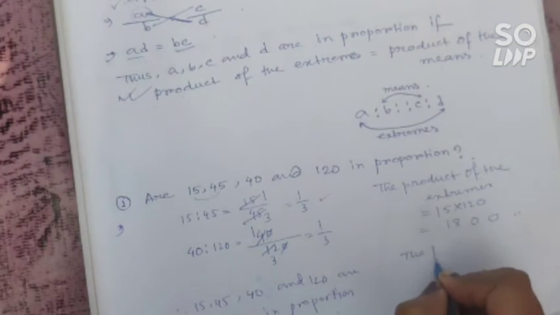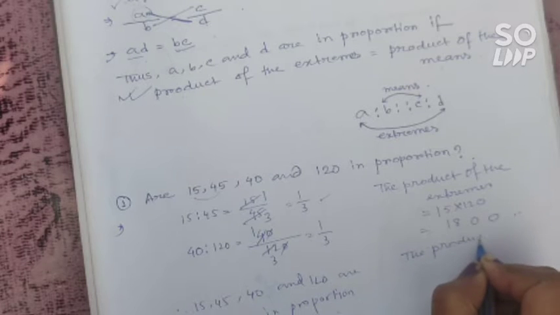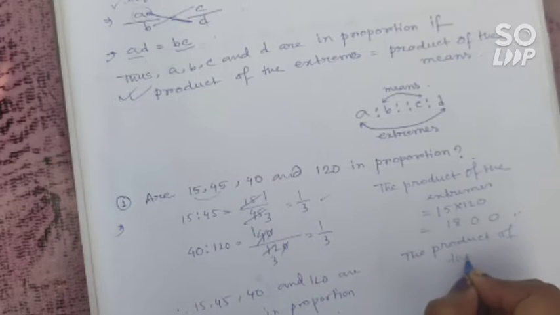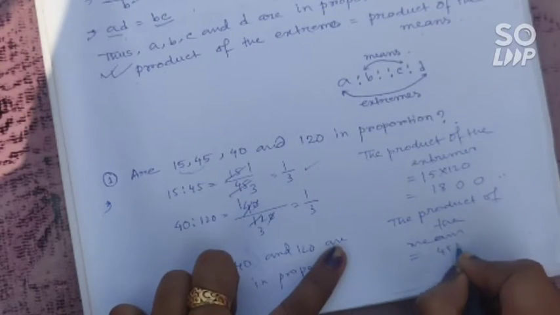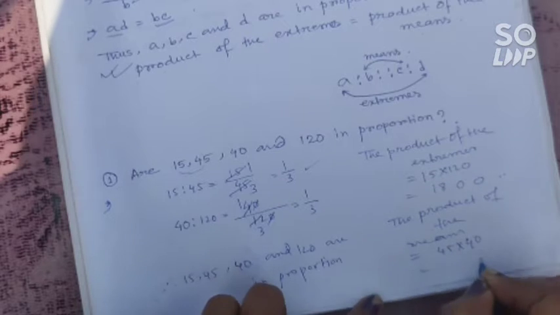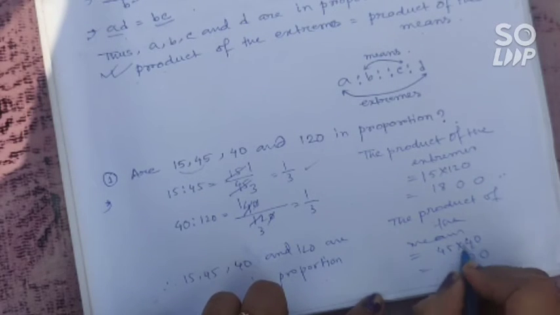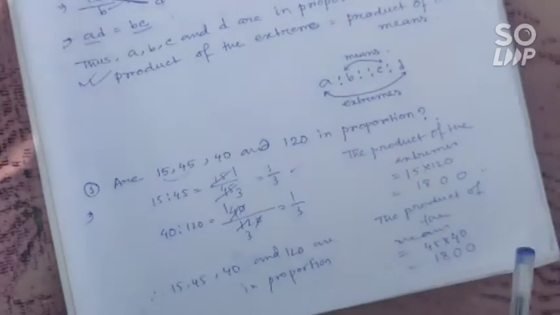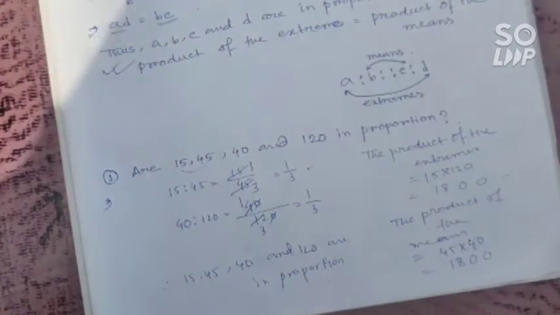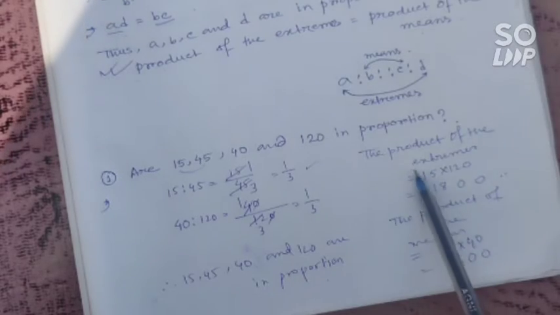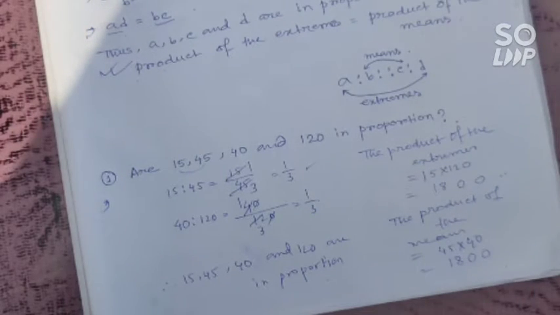Next, the product of the middle terms, or the product of the means. What are the means? 45 and 40. 4 5s are 20, 4 4s are 16 plus 2, 18. So these are also equal. So 15, 45, 40 and 120 are in proportion, since the product of the extremes equals the product of the means.